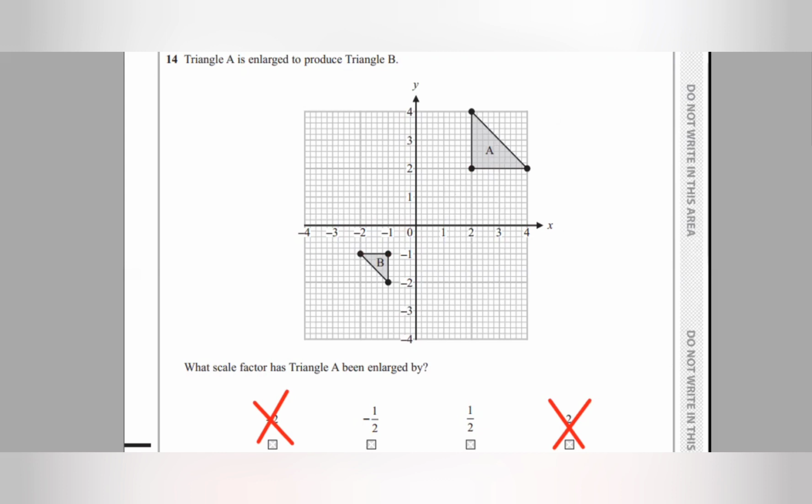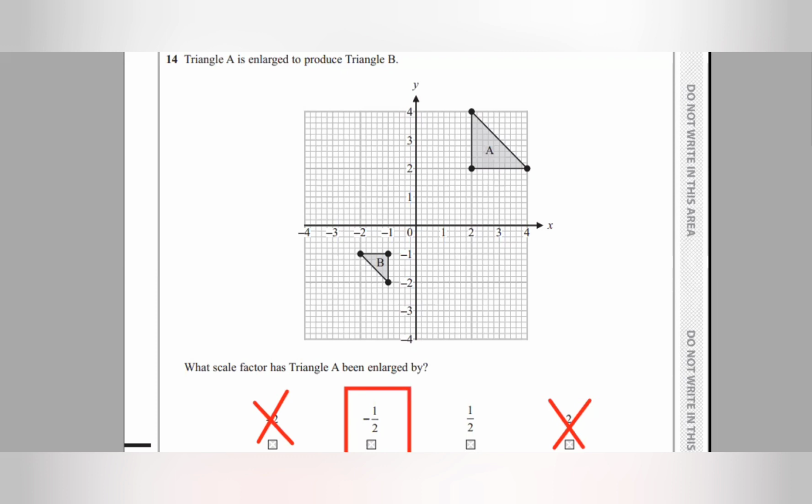If the shape has the same orientation as the original one, it means the scale factor is positive. But here, it's flipped, it's upside down. It means that the scale factor is negative. That's the idea of choosing between scale factors of enlargement.